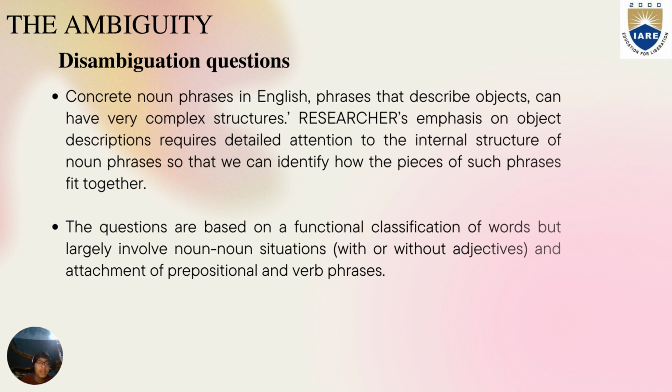Concrete noun phrases in English, that is phrases which describe objects, can have very complex structure. Research emphasis on object description requires detailed attention to the internal structure of noun phrases so that it can identify how the pieces of such phrases fit together.